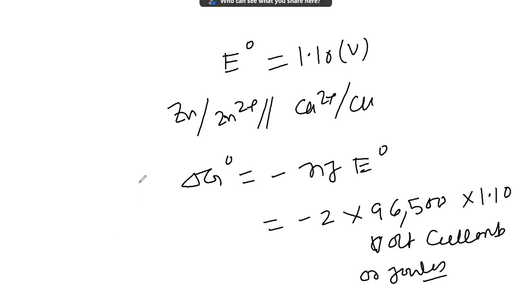Delta G naught is equal to minus RT ln K. ln means 2.303 log K. So if I equate these two, R means gas constant, T is the temperature, K is the equilibrium constant.